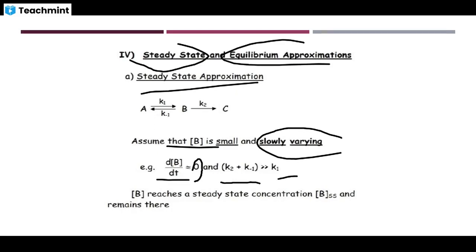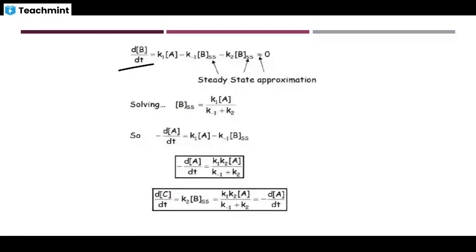Okay, then dB by dt is nothing but K1A minus K minus 1B steady state minus K2B steady state, approximately equal to 0. Then take the negatives to the positive side and divide, you get this, and dA by dt equal to K1A minus K minus 1B steady state, and substitute for the steady state formula.